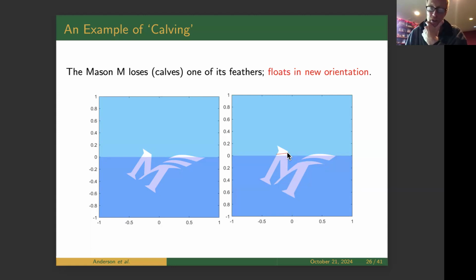I've drawn in where the water line used to be. We're not doing anything like melting, but in principle, one might see some sort of signature of this water line in this newly oriented thing. So maybe there's a chance that something like that could happen for a real iceberg.